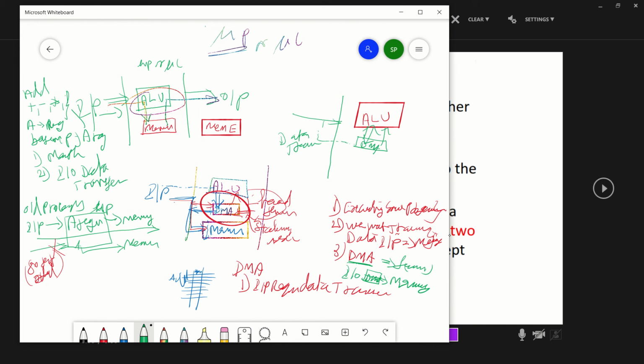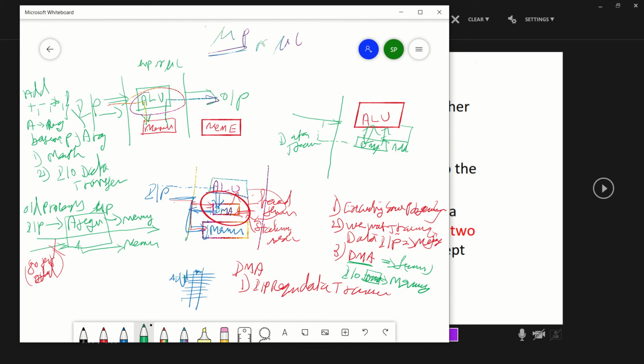It requests the ALU. The ALU immediately stops its program and gives the address to the DMA, that is the memory location starting address.